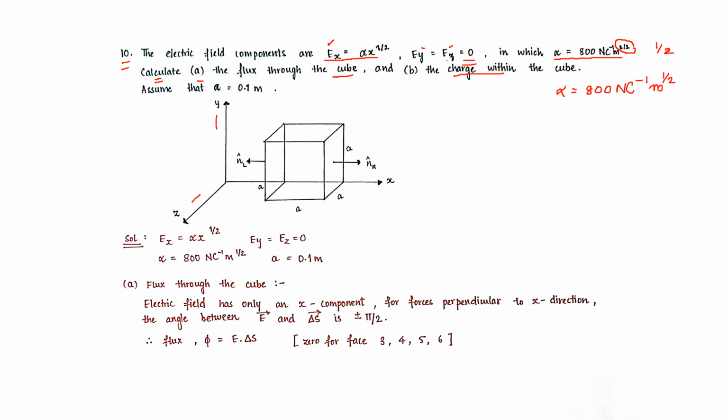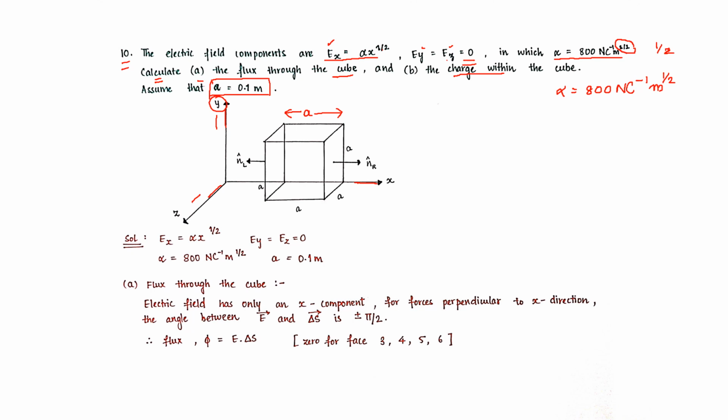Here we are assuming that the length of the cube, that is the side of the cube, a equals 0.1 meter. This is a cube of side a. This is the y-axis, this is the x-axis, and this is the z-axis.